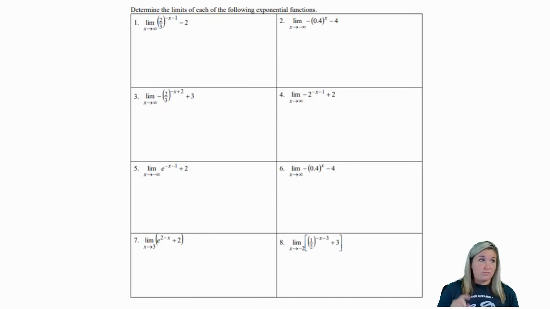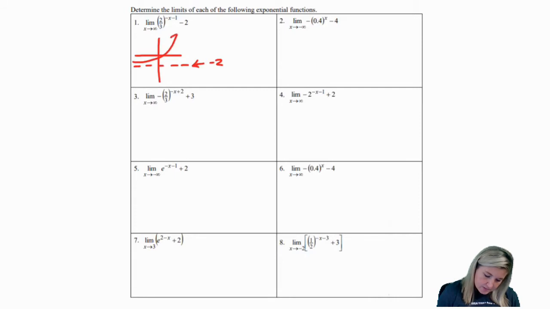Okay, so that's our 1 reflection. So it is going to look like this. This is negative 2. It's going to be a growth there. So as x approaches positive infinity, our y values are going to approach positive infinity as well.